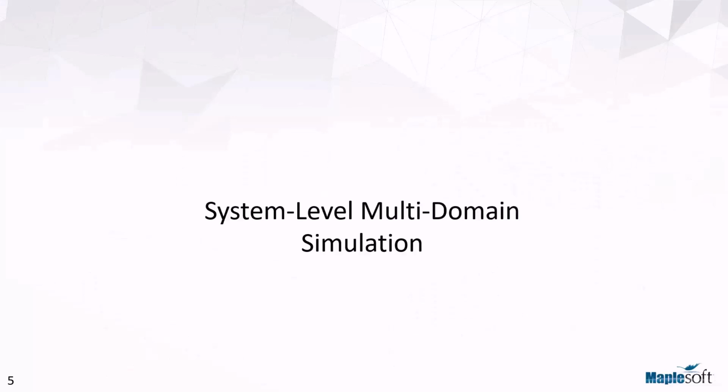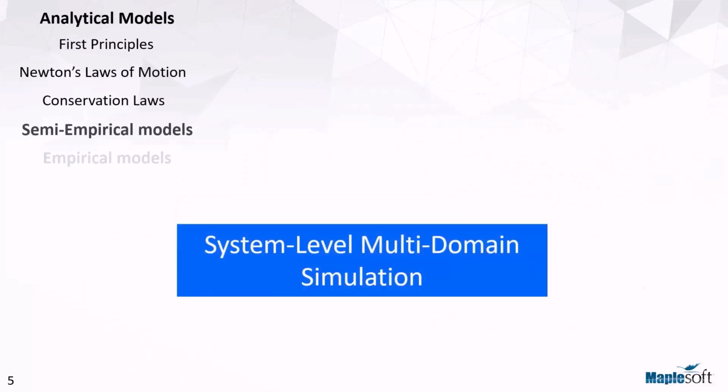So a simulation in our world is usually what we call system level multi-domain simulation. And this is based on analytical models like first principles, such as Newton's laws of motion, conservation laws, and such.